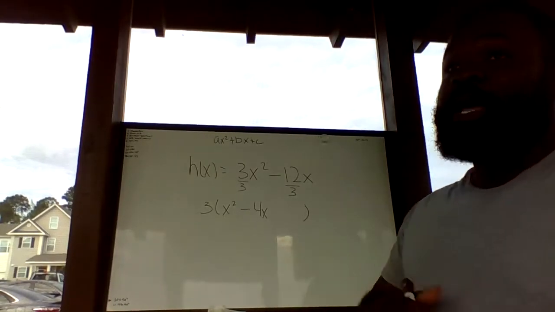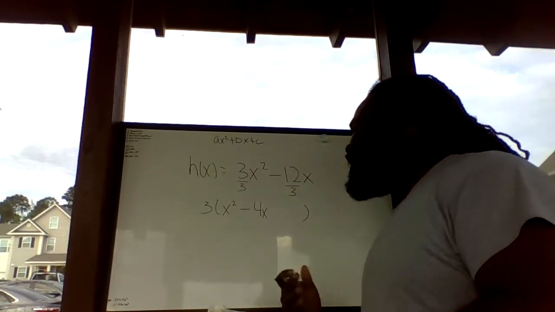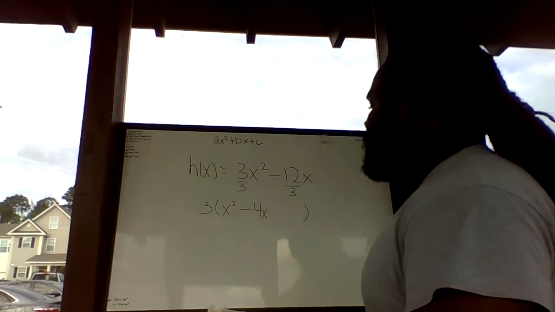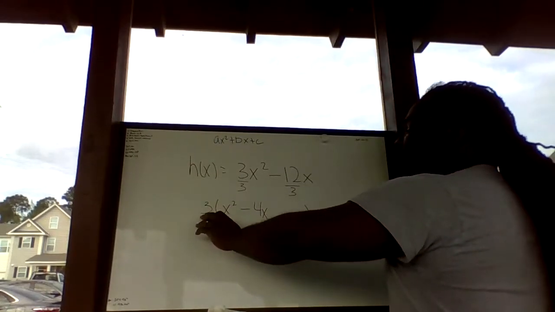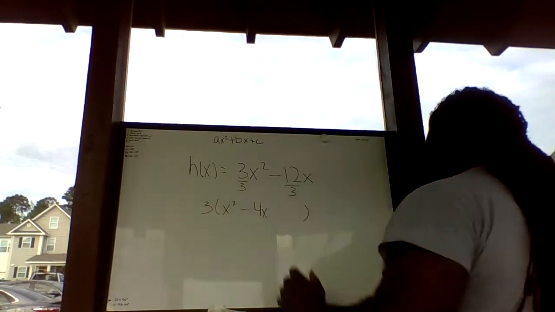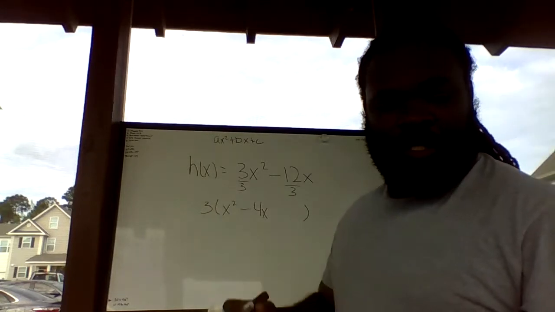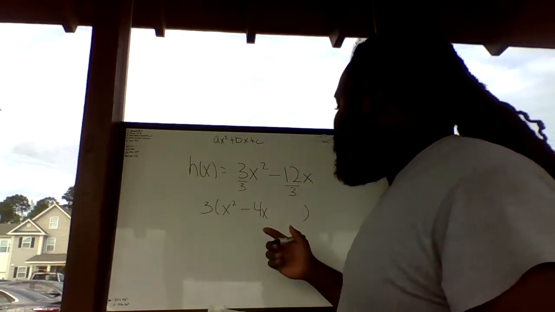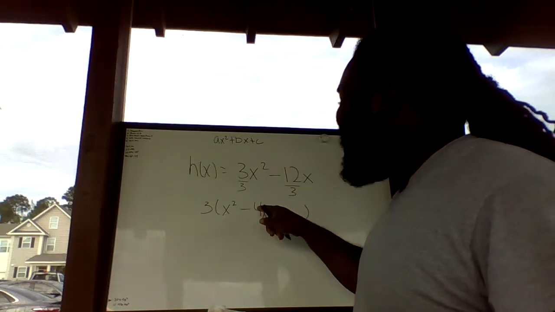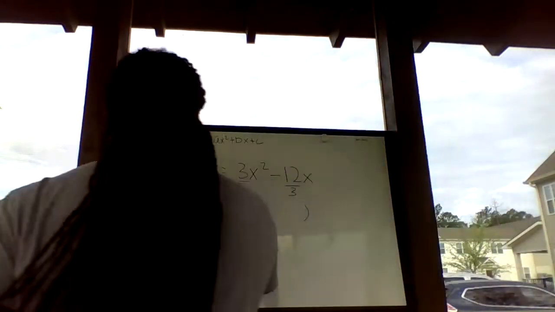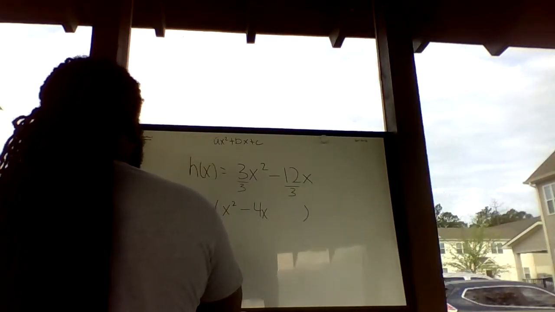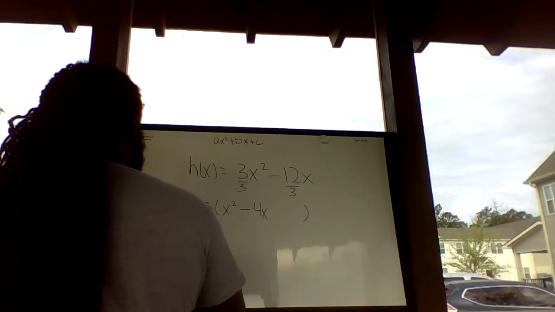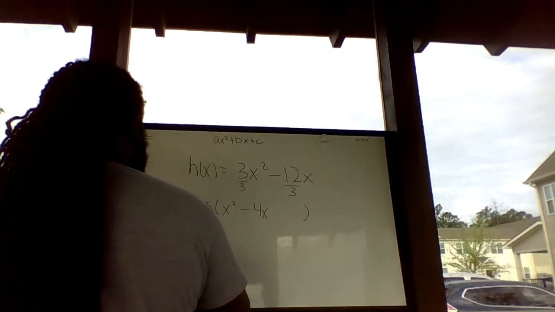So remember, on Monday, in Monday's video, completing the square, we take our B term, right? We're not concerned with this 3 just yet, right? I'm going to show you how we're going to be using that 3. Right now, what we're going to be doing is we're going to be taking half of B, right? My B is -4, right? We're going to take half of B and square that value, right?